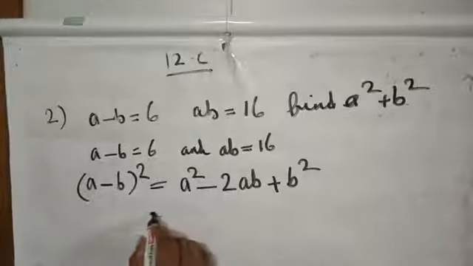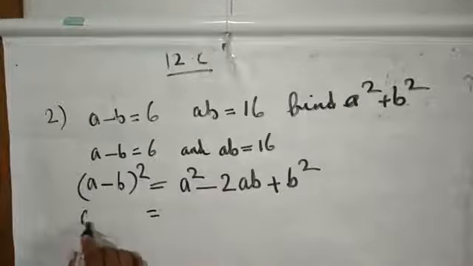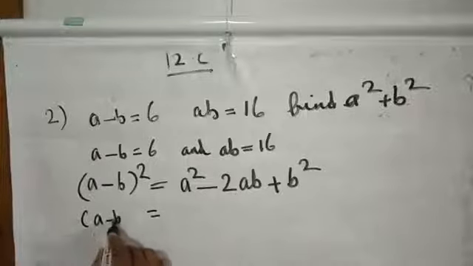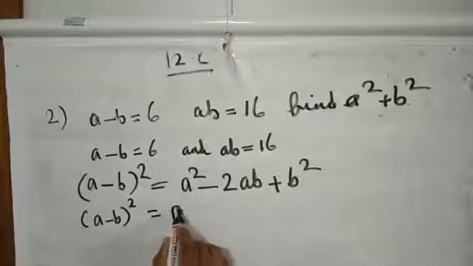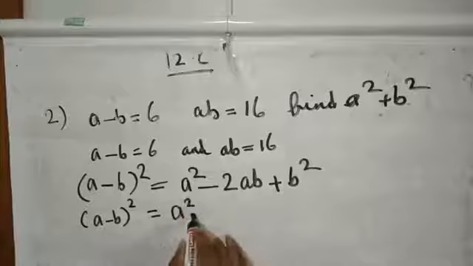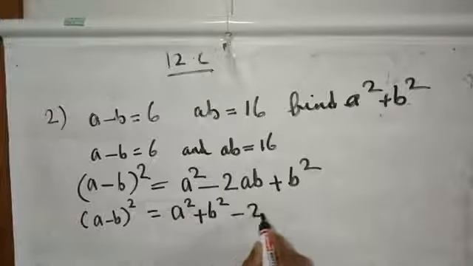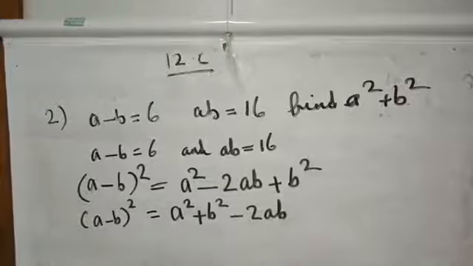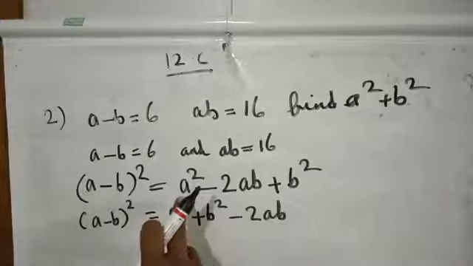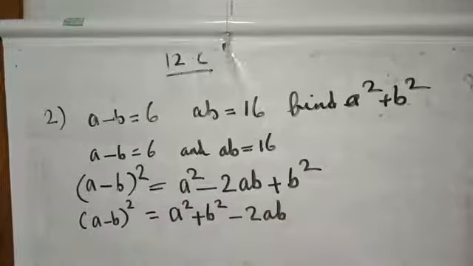For that we can arrange this expansion, that is a square, then plus b square, no change because here plus sign, just we are changing the order.